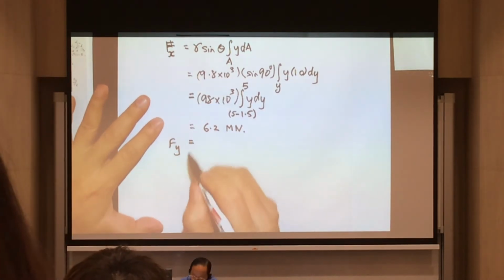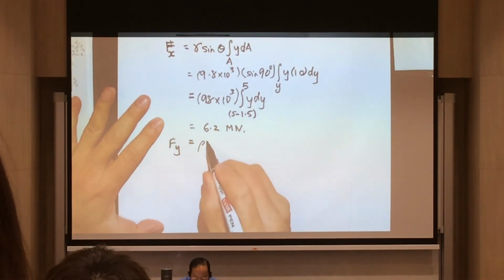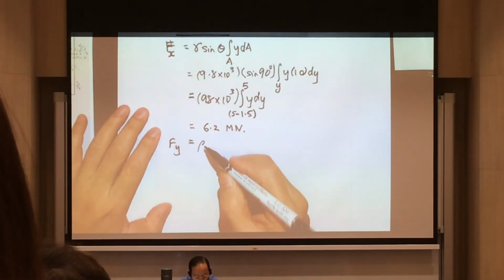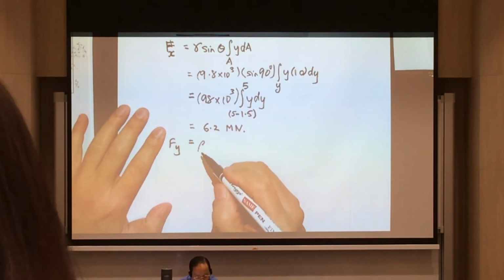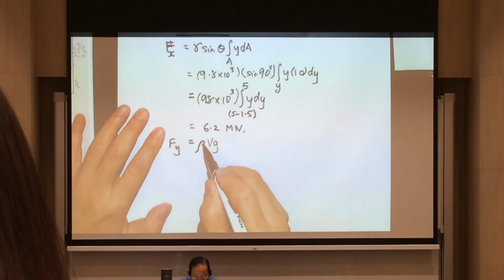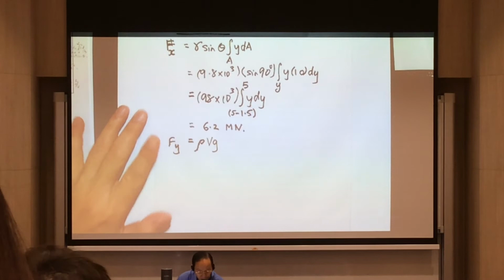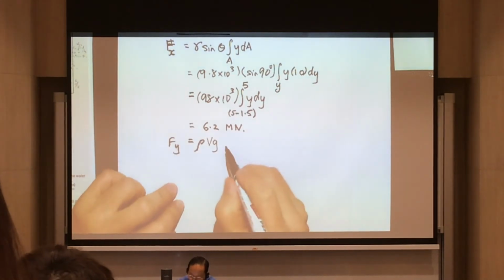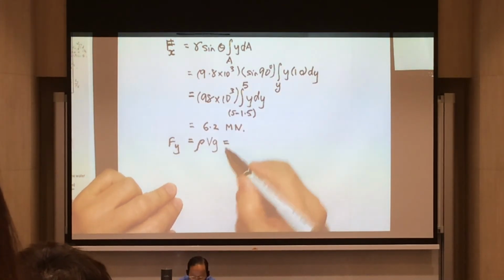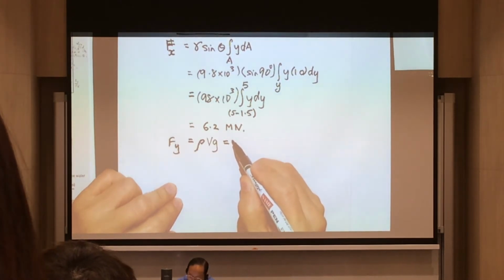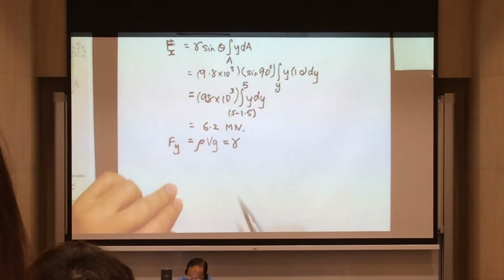So that is equal to rho times V times g. V is the volume. So what is rho g? Rho g is gamma.